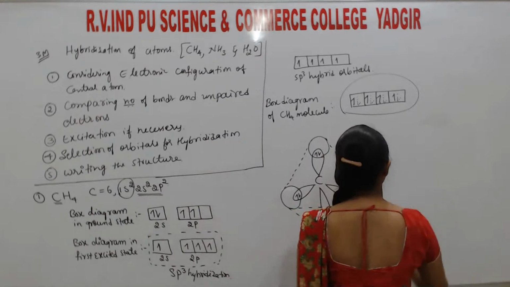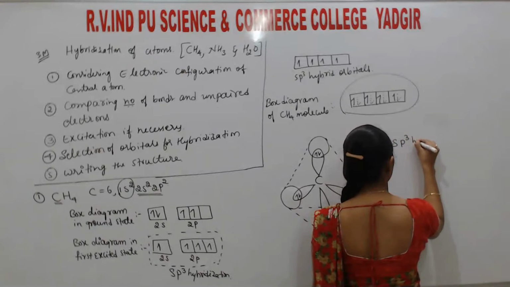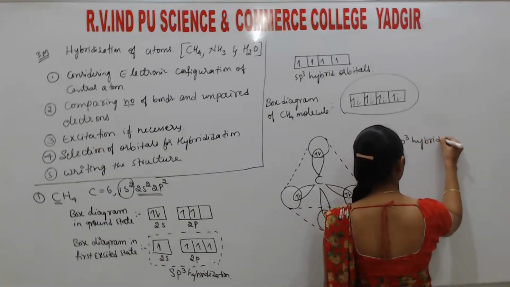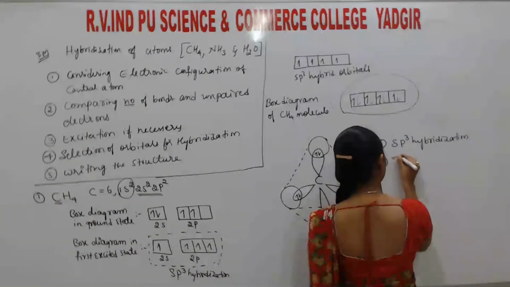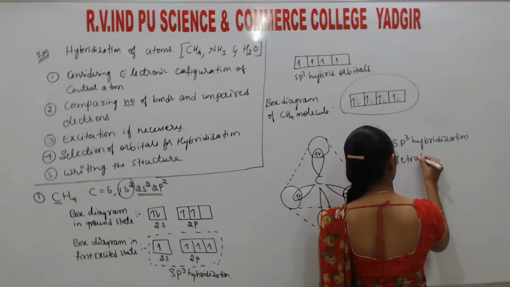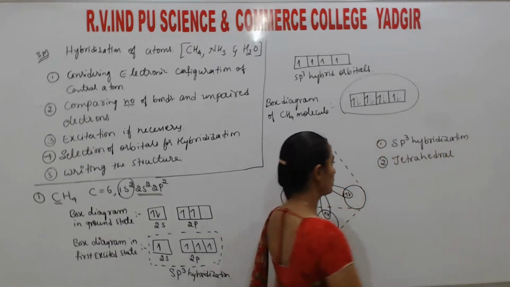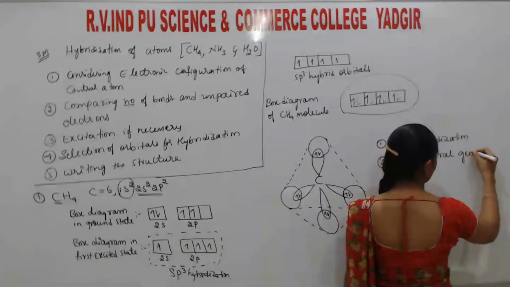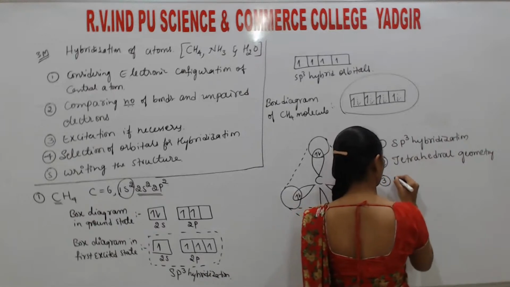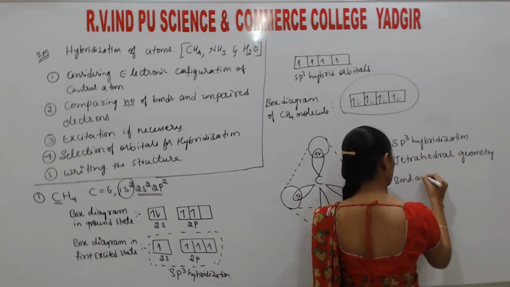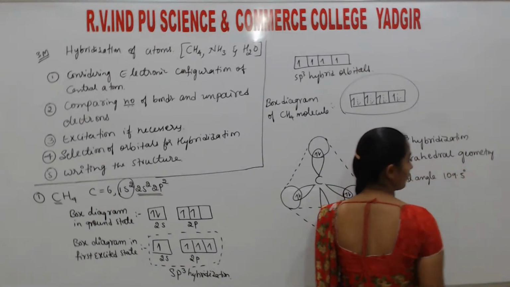So students, you write the points here. The first point is sp3 hybridization. Second point, tetrahedral structure, our tetrahedral geometry. Third one, bond angle 109.5 degree.